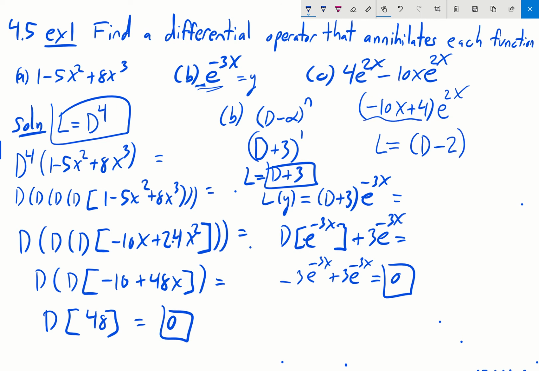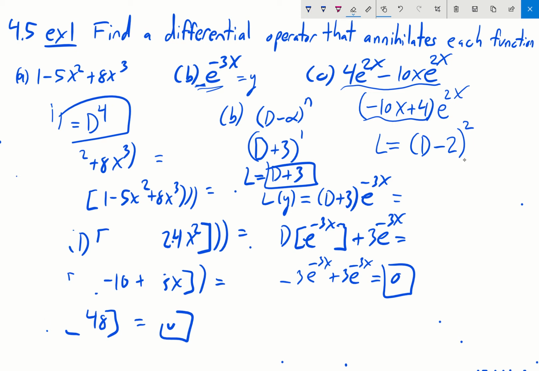And if we have a linear polynomial, linear functions are polynomials of degree 1, so we need a differential operator of degree 2. So the differential operator that should annihilate this expression would be (D - 2)^2.